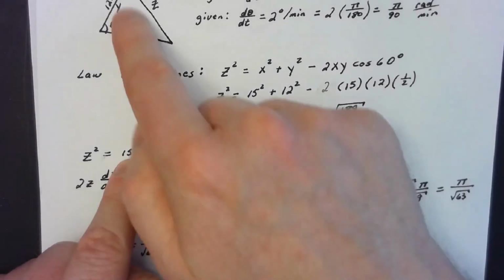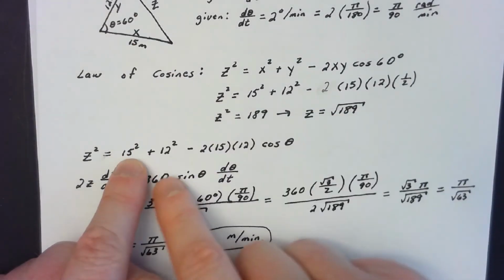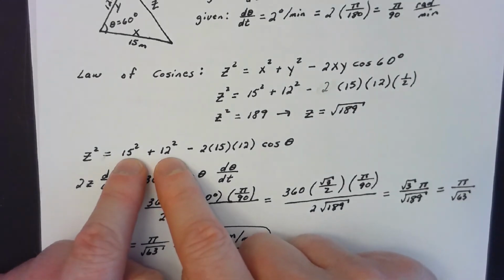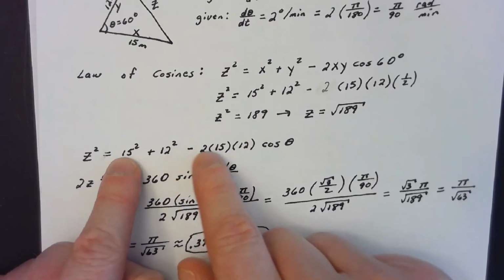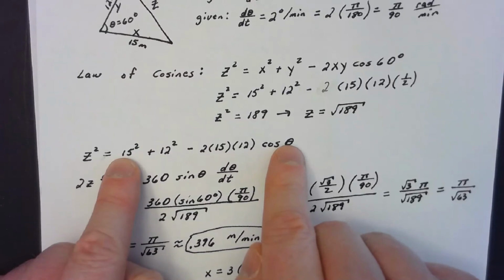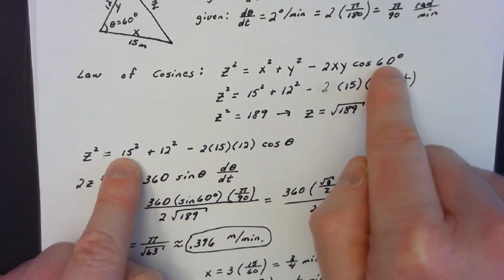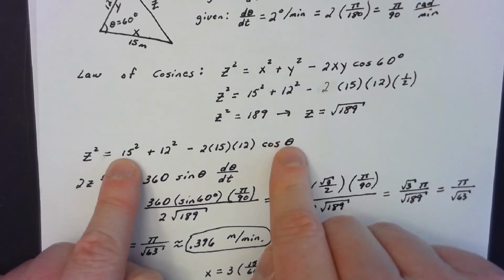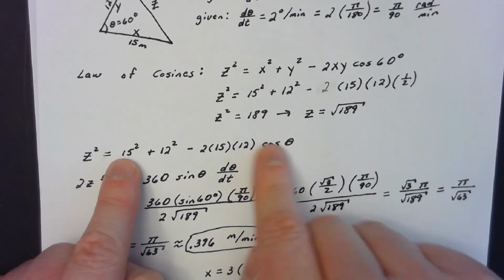What I called x and y, they're not varying, so I don't call them x and y in this formula. I just said 15 squared plus 12 squared minus 2 times 15 times 12, and then the angle is varying, so I had to put the cosine of theta, not the cosine of 60 degrees. So that's a differentiable function that has to have the derivative taken on it.